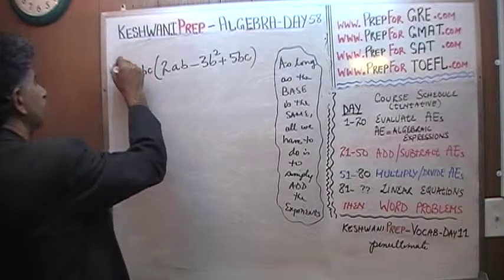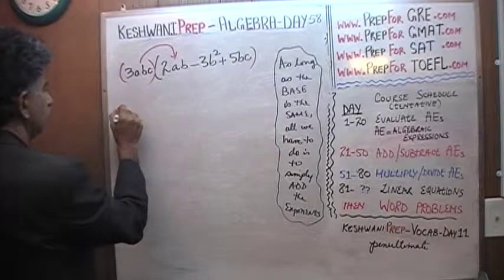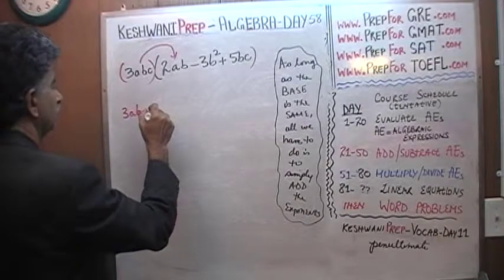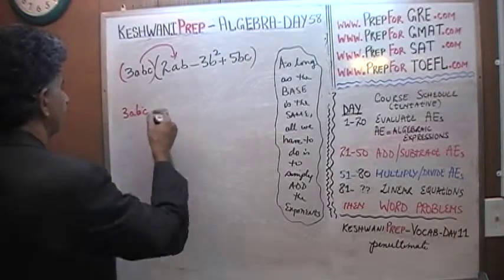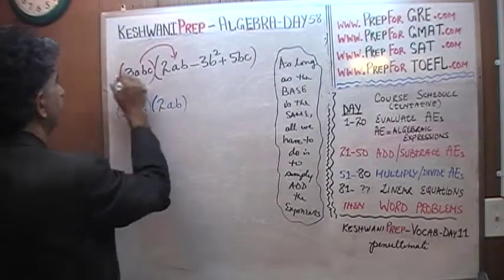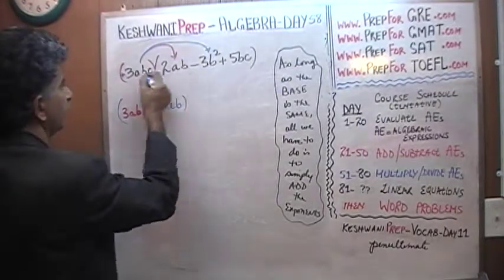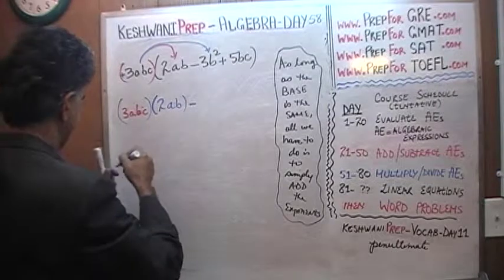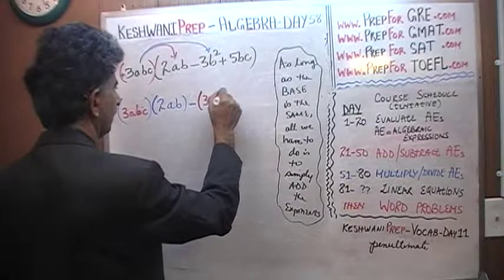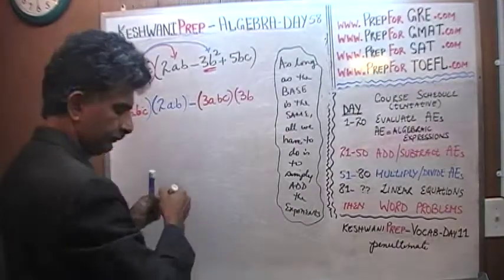So first we have 3 times A times B times C times 2 times A times B. Then this guy has a positive sign in front of it. Positive times negative is going to give us the negative. 3 times A times B times C times this guy, 3B squared.